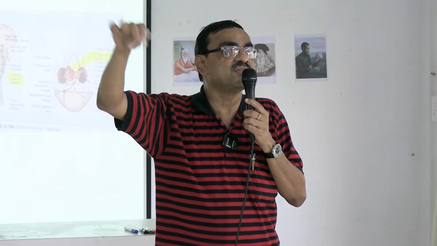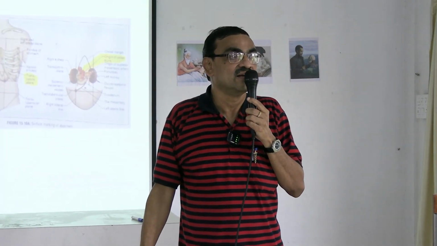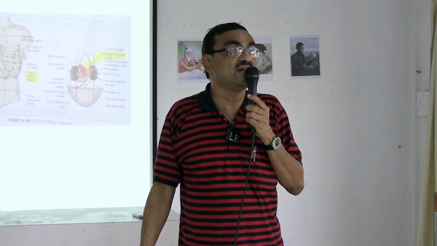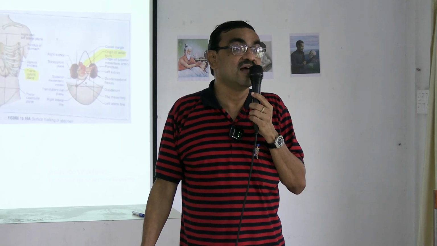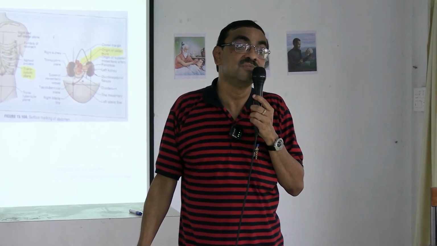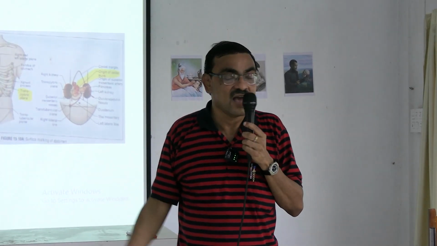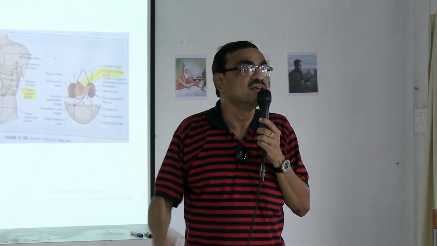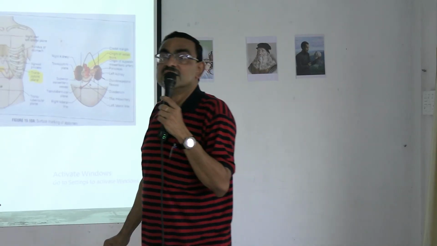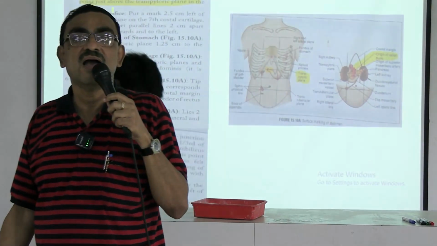From the concave surface you are getting the ileocolic and right colic. And also you will get the inferior pancreaticoduodenal, while the superior pancreaticoduodenal is from the celiac. And from the convex surface you will get the branches to the jejunum and ileum.